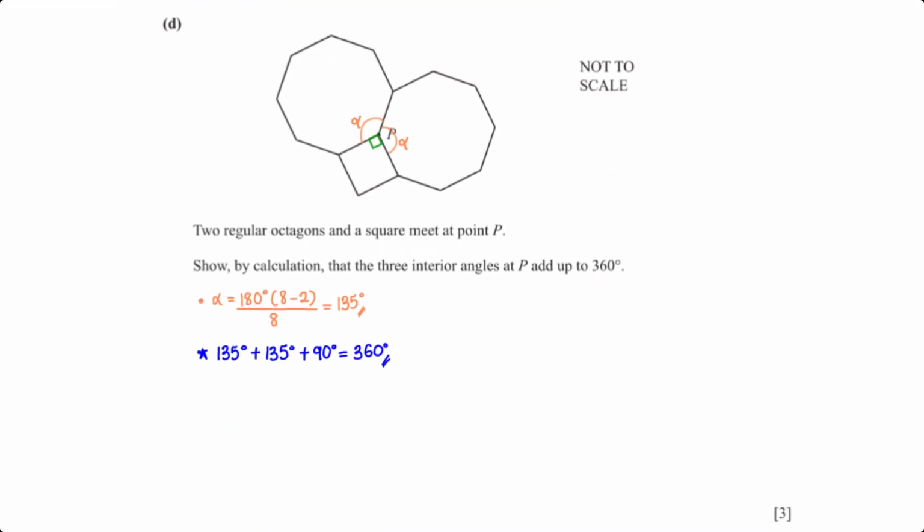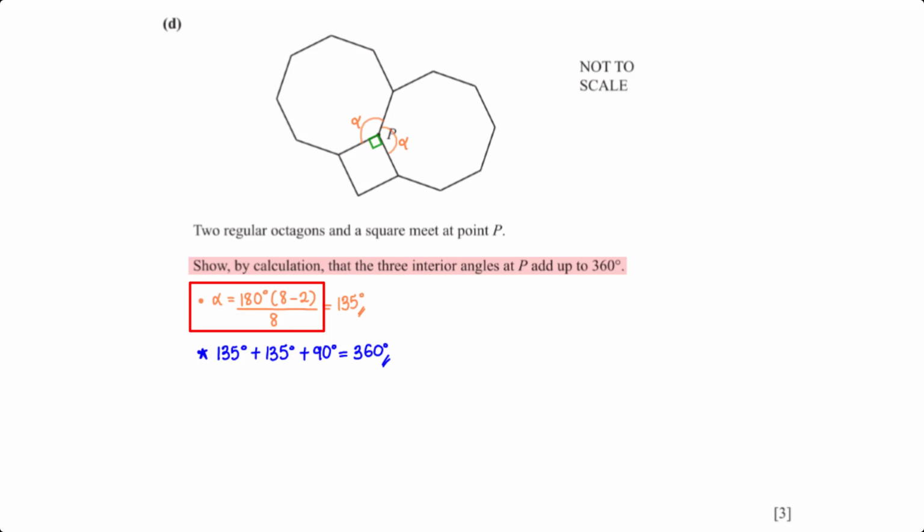Two regular octagons and a square meet at point P. Show by calculation that the three interior angles at P add up to 360 degrees. First, let's find the value of alpha, which is the interior angle of the octagon. The formula for finding the size of an interior angle of a regular polygon is 180 degrees times n minus 2 over n.